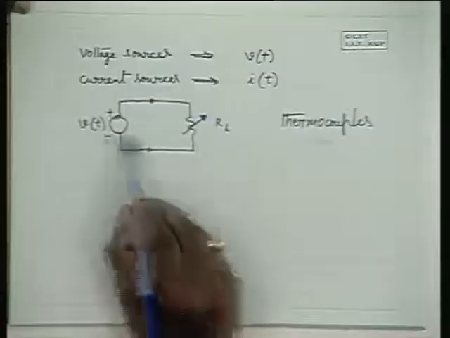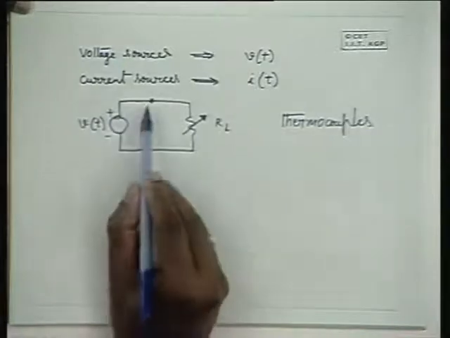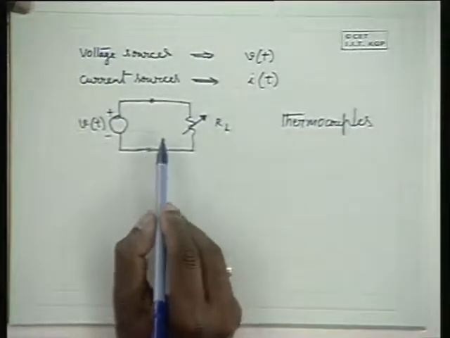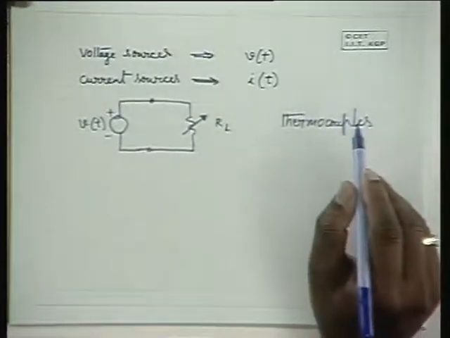At its output, it gives a voltage which is proportional to the temperature. So if the temperature is varying, the voltage at the output of the thermocouple is time varying. Such sources are voltage sources because the output voltage is almost independent of the load resistance you connect to it.